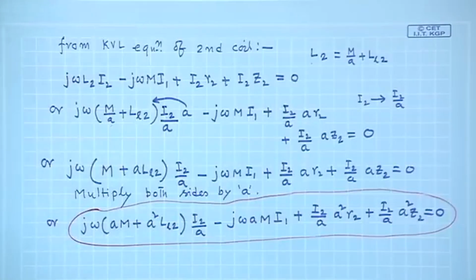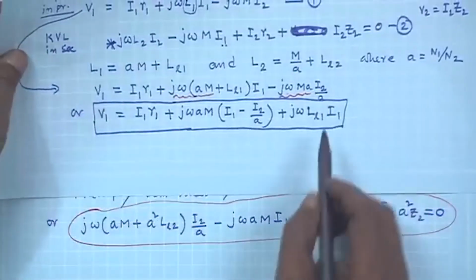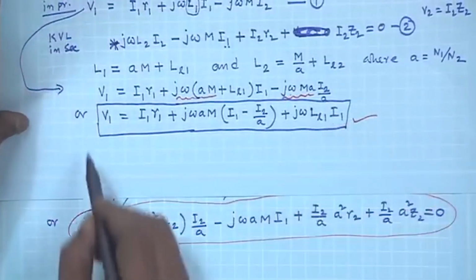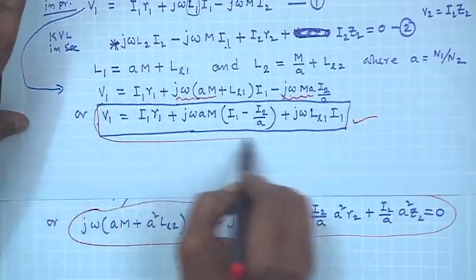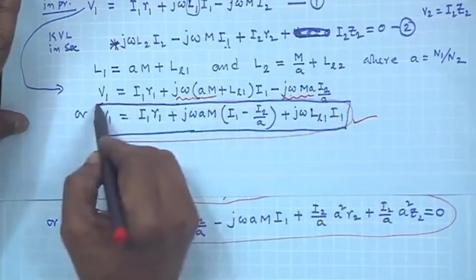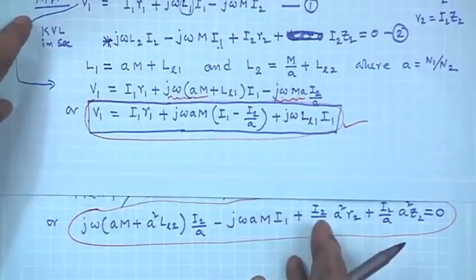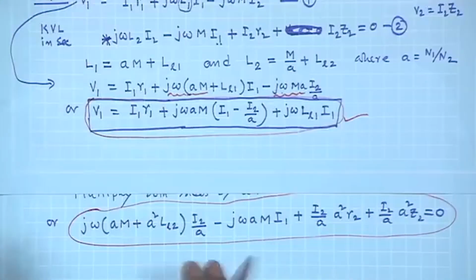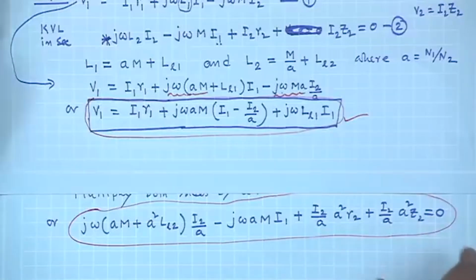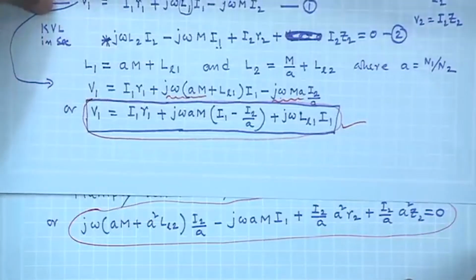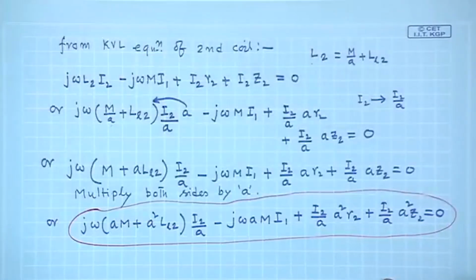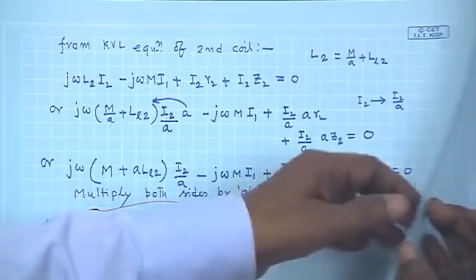So, these two equations are now like this. This is one and this is one, and we are done. I mean, the equivalent circuit can now be drawn. Let us see how. So, these two equations we will keep in mind.